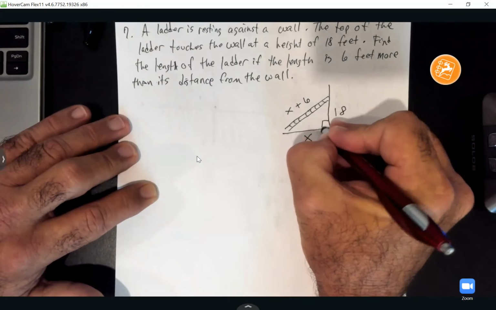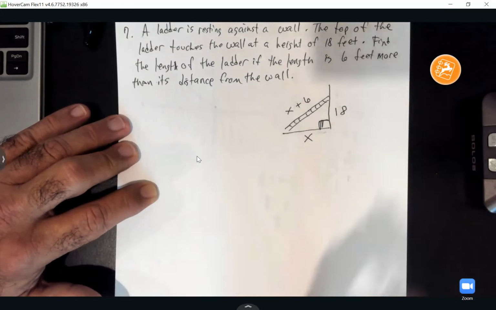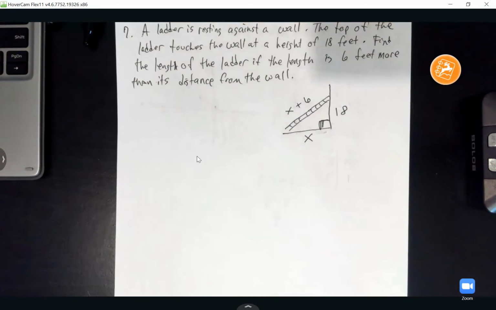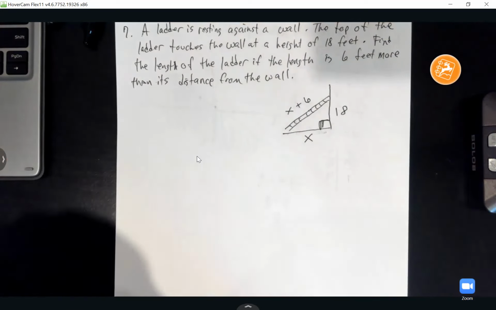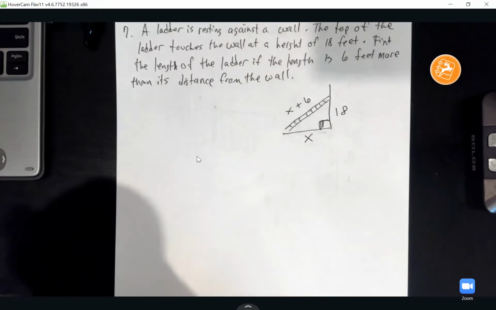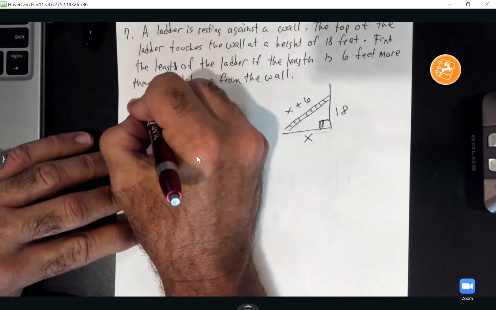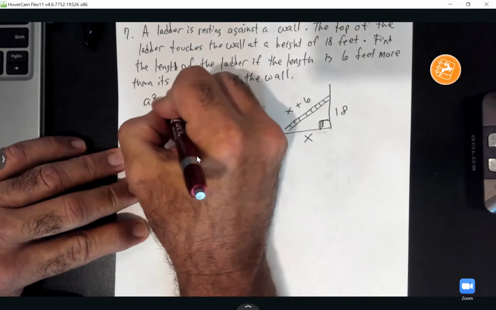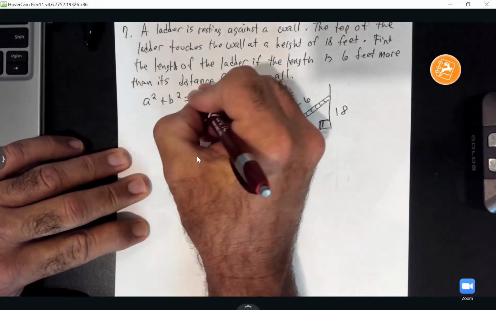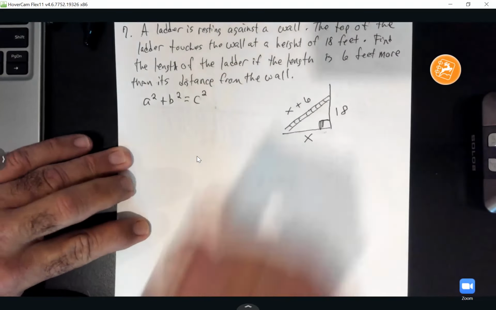So guess what? We got us a right triangle sitting here. So this is where we used our Pythagorean theorem. Or a squared plus b squared equals c squared.